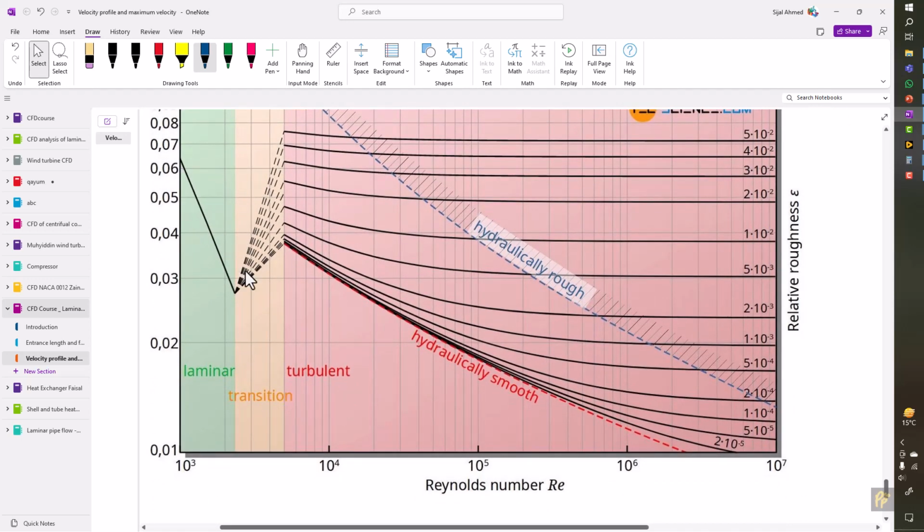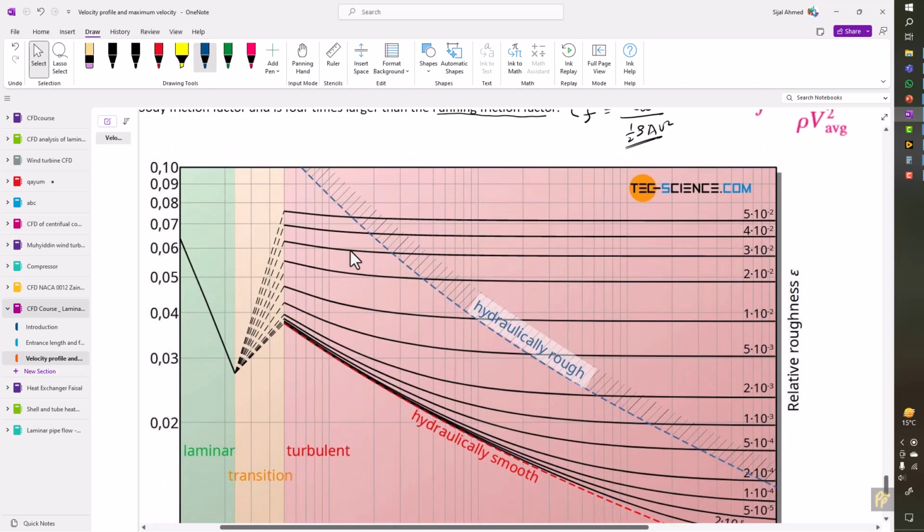In the laminar flow, the friction factor decreases with the Reynolds number, but that is opposite in the case of transitional flow, which can go up to some Reynolds number, I think up to 4000. After the laminar flow, turbulent flow will be there, and there are two things we can see here.